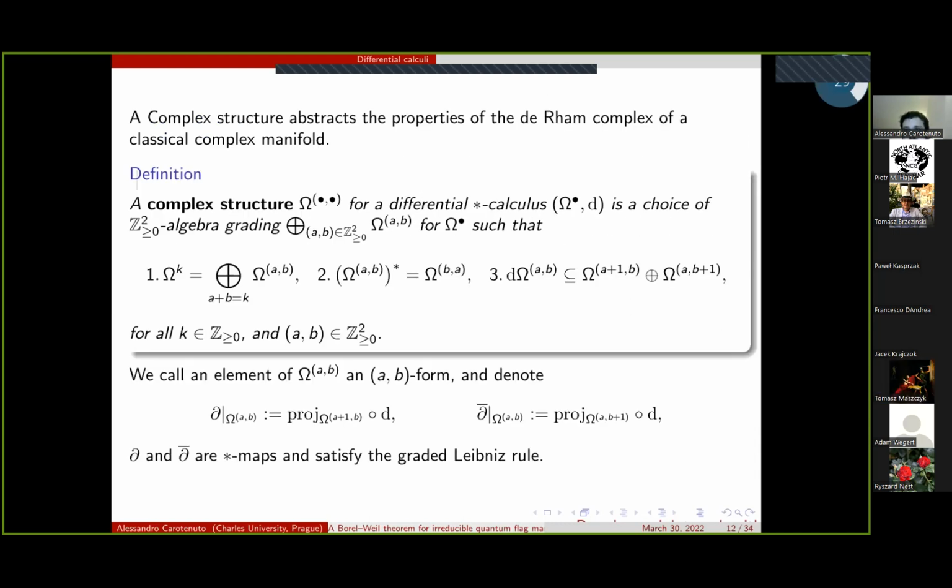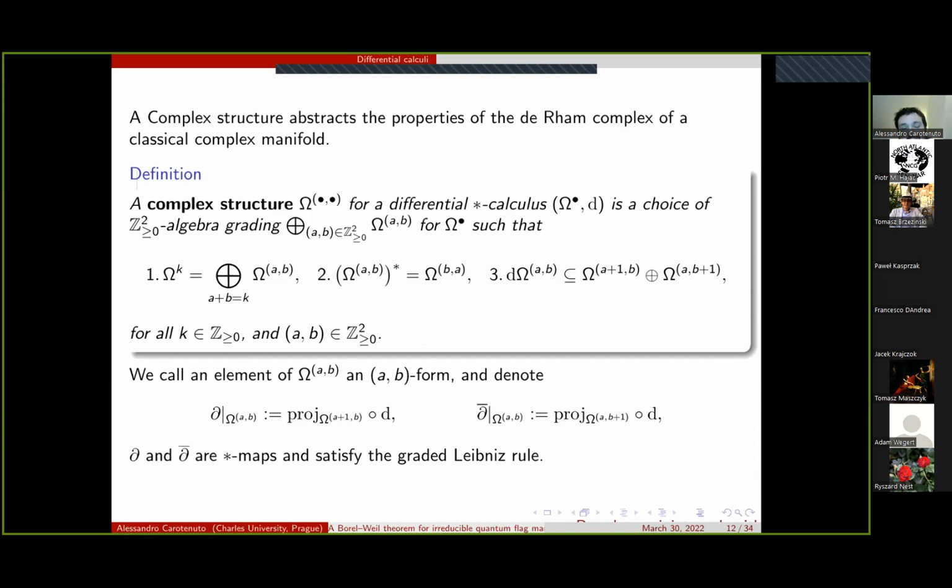Sorry, may I ask you a question? Yes, please. Is it automatic that del bar squared is equal to 0 if you assume that d squared is equal to 0 and the compatibility number 3? Yes, it follows. Okay, maybe I wasn't clear.